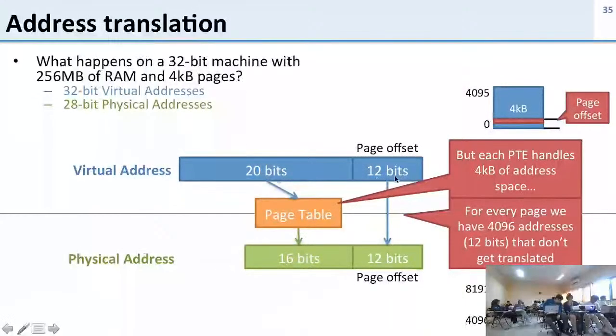Okay? So this part here, the page offset, stays the same because it's the same in the virtual and physical pages, but which page we point to goes through the page table and changes. Now we have a smaller physical address, so fewer physical pages, because we have less physical memory than we do virtual memory. There's some terminology here.